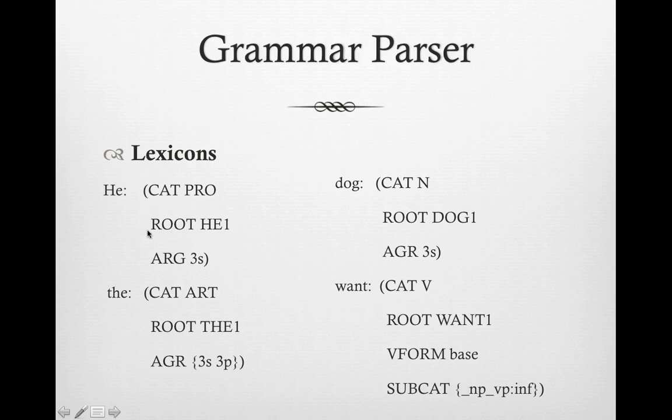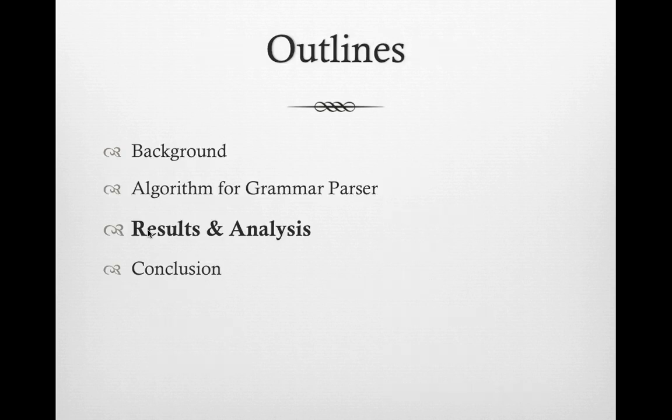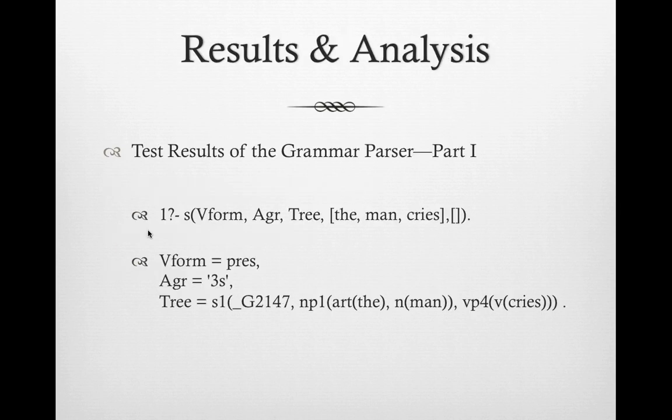Okay, these are the lexicons for my program, and this is a brief view of the grammar parser in my project. Next, let's come into the third part of my presentation, results and analysis of my program.